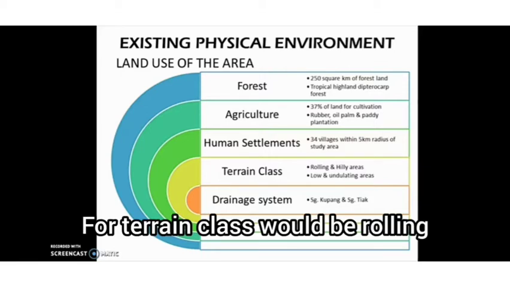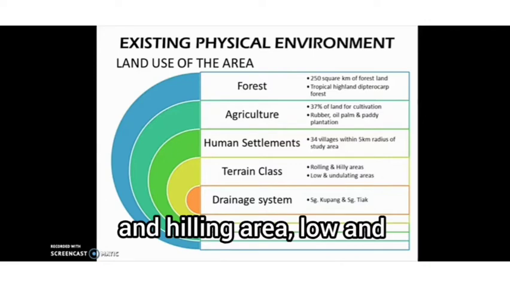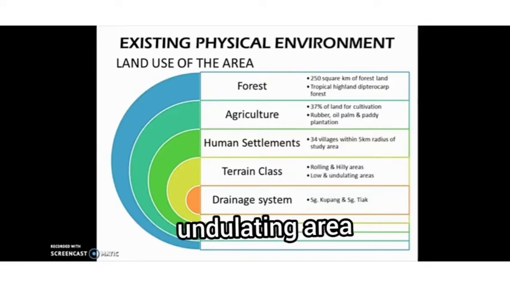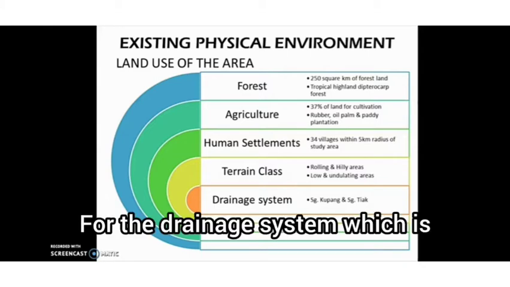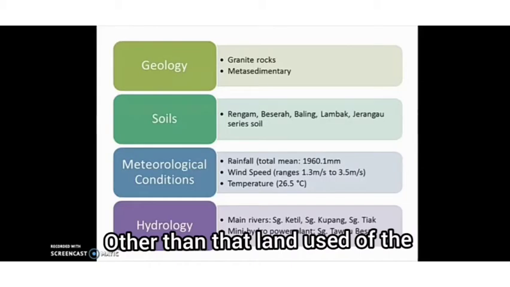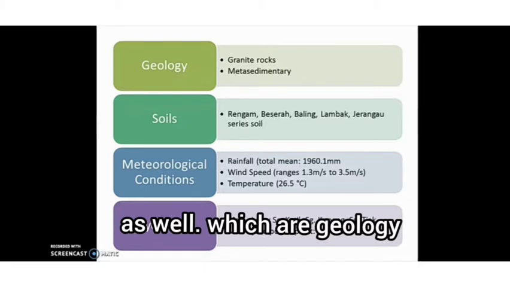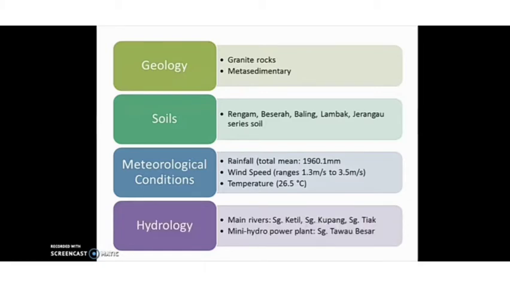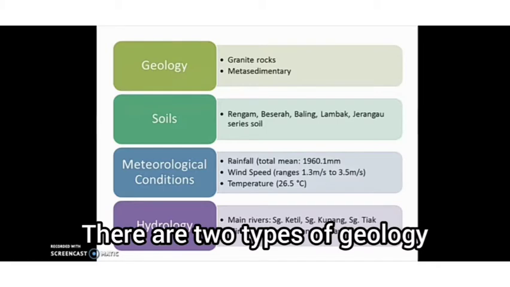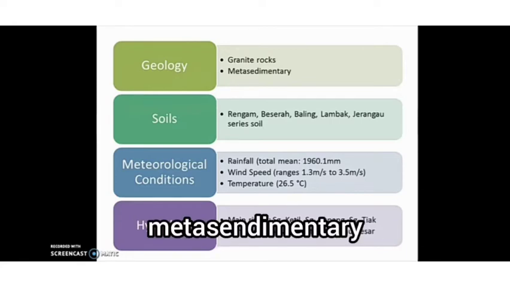The land is mainly rolling and hilly, with low educational levels, and the drainage system is mainly at Sungai Kupang and Sungai Tiap. Other than land use of the area, we also studied other subjects, such as geology. There are two types of geology, which is granite rock and metasedimentary.